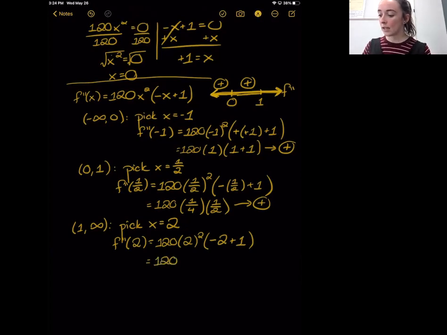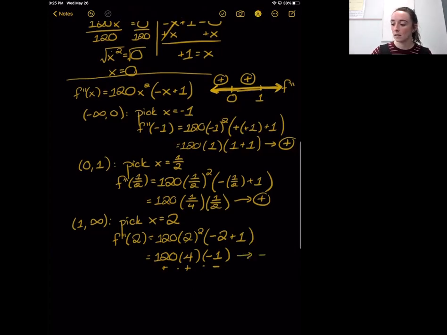We get 120 times 2 squared is 4 times negative 2 plus 1 gives you negative 1. So now this one is a little bit different. I've got a positive times a positive times a negative. So this is going to return a negative result. So I will mark this interval negative on my number line.